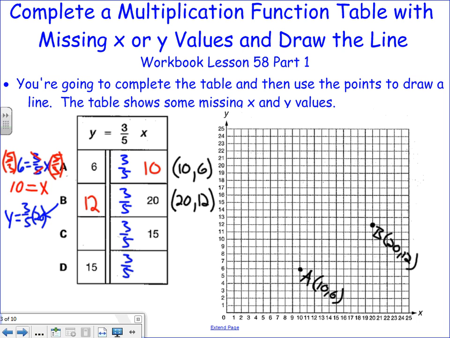Okay, so you need to go ahead, find Y for C, find X for D, plot those points, and when you're done, you should have a line going through all 4 points and through 0. That's how you'll know if you're correct. So go ahead, pause the video, and finish C and D, plot them, and draw your line.